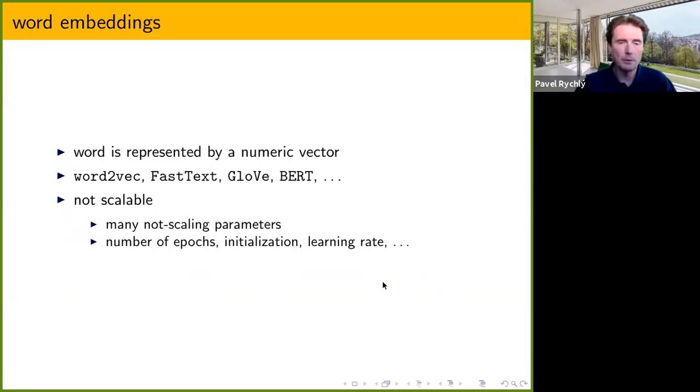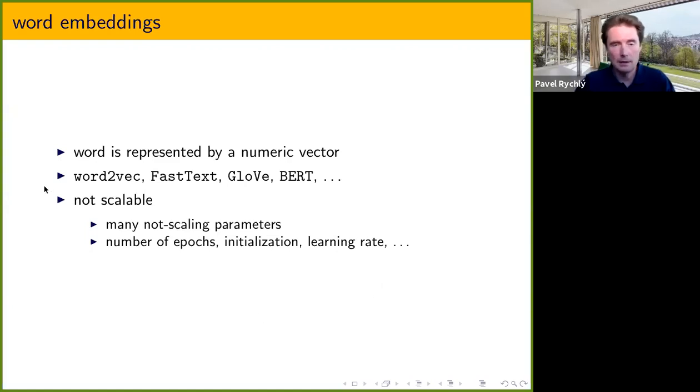Okay, and about word embeddings. Word embeddings are the numeric representation of words or any items for which we compute these embeddings. So we are embedding the words into vectors of numbers, and there are many methods how to compute word embeddings.